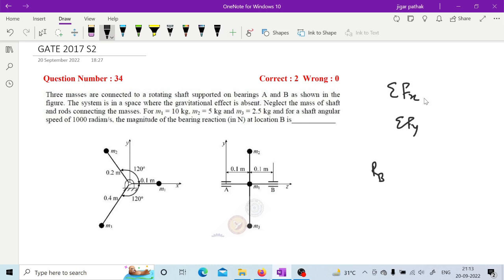You can directly go for sigma MR cos theta, sigma MR sin theta. Sir, why should we neglect the omega square? Because omega is the same for all the components, and when you go for this it will not affect.